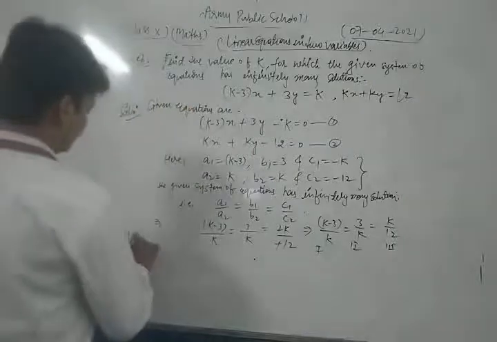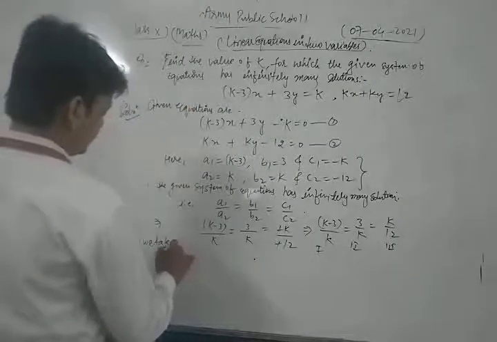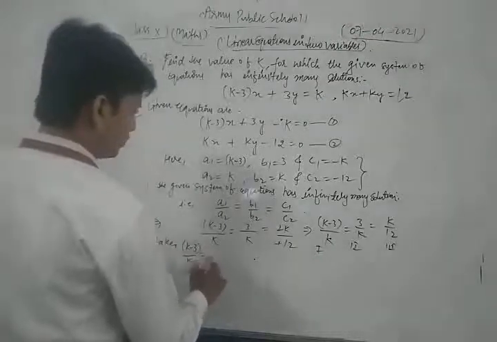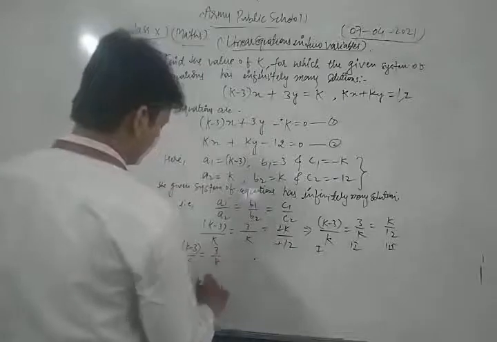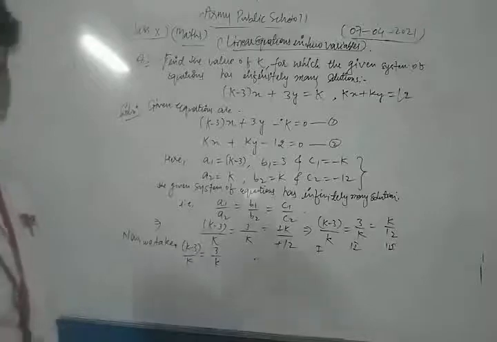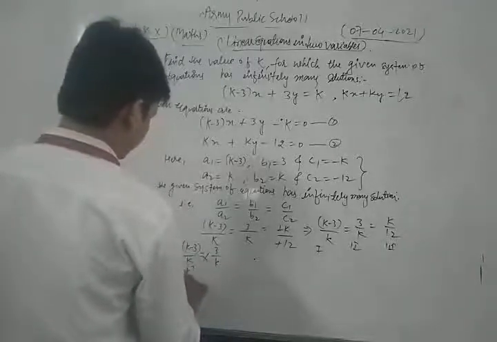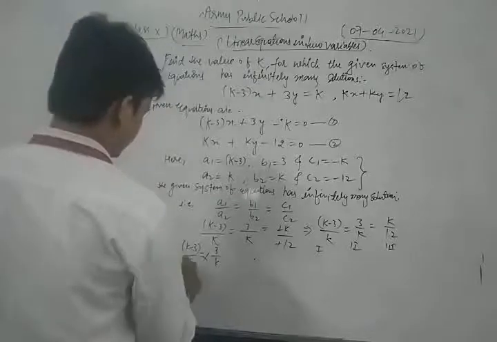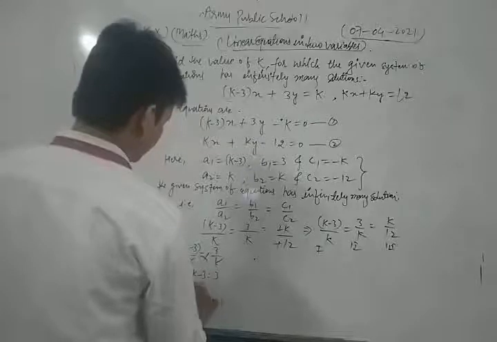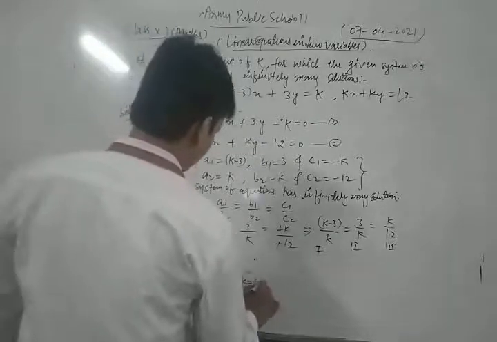Now we take k minus 3 upon k is equal to 3 upon k. Now we do their cross multiplication, so we get k squared, meaning k cancels on both sides, that is k minus 3 is equal to 3, that is k is equal to 3 plus 3, that is k is equal to 6.